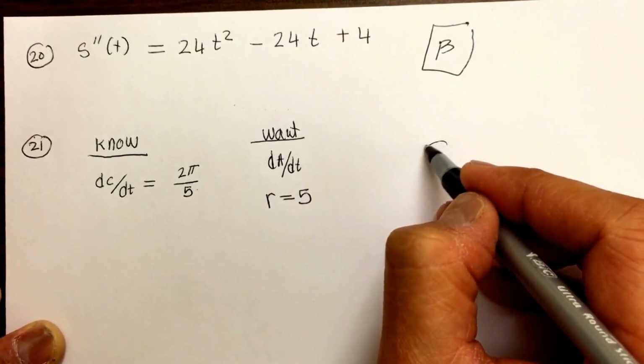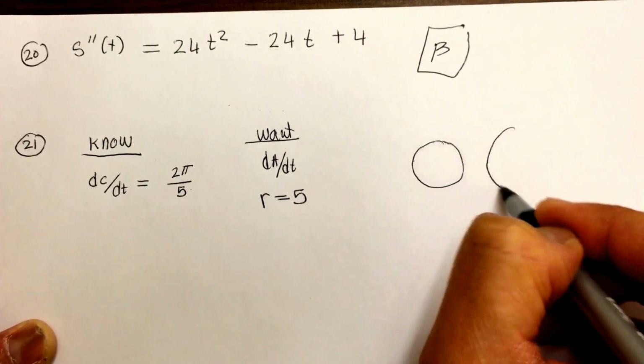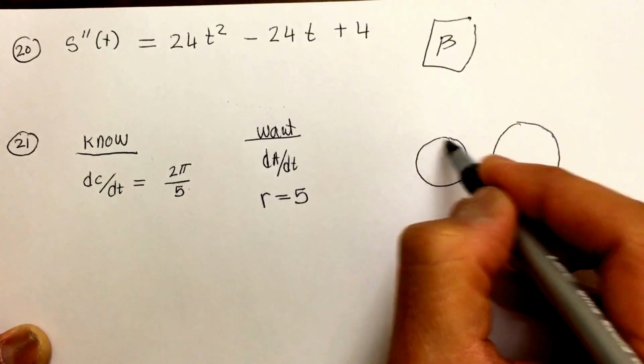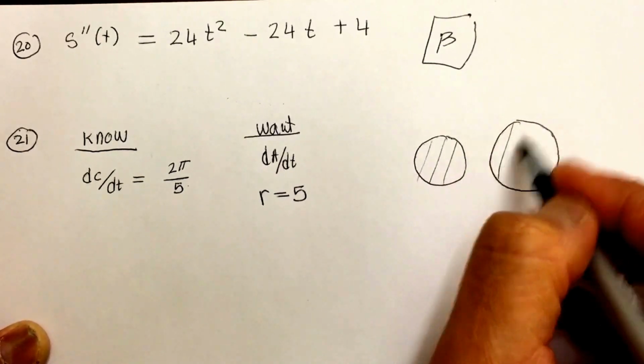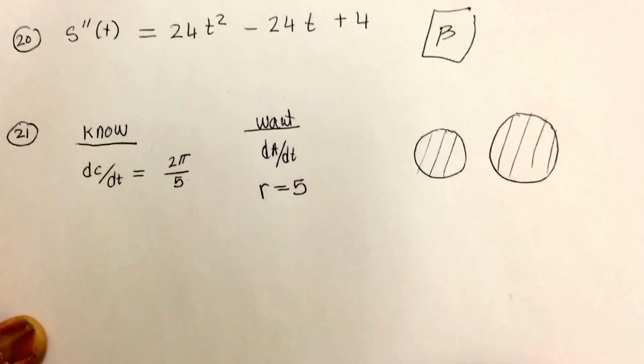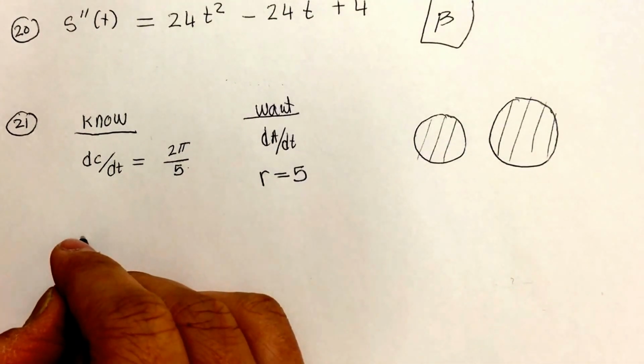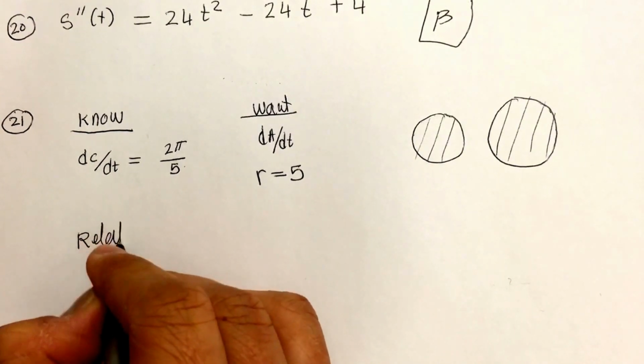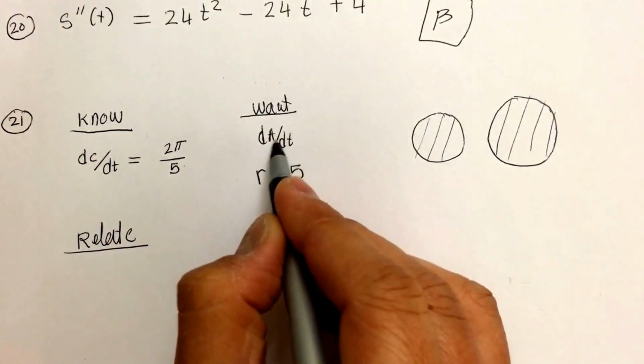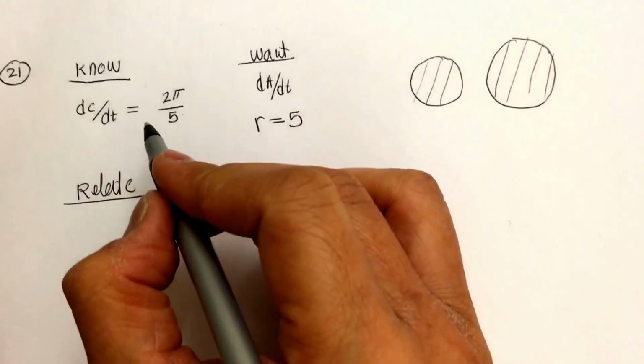So notice that the circumference is increasing. How fast is the area changing? The area of a circle, how fast is it changing? So we have to find a relationship between area and circumference.